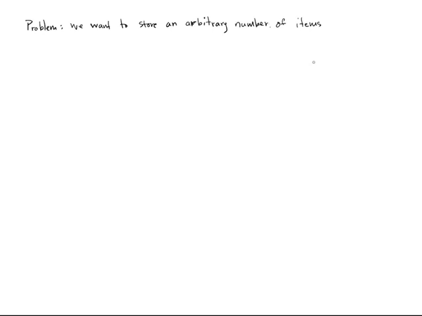Okay. So if we think about all the data structures that we've learned so far, we know that the array is the only type of collection item that we've learned about. The array has a problem though. It is fixed size. It's hard to change the size. It's also contiguous.